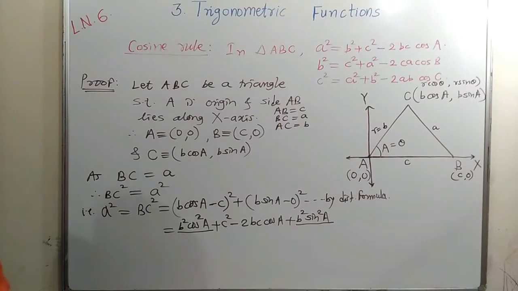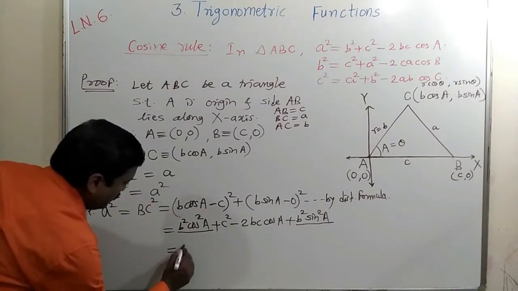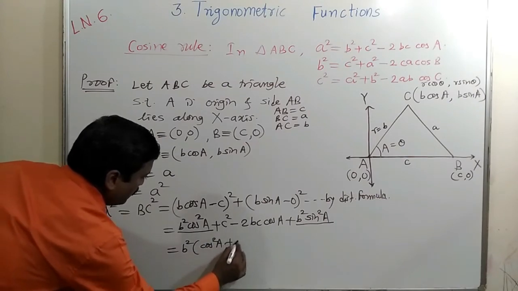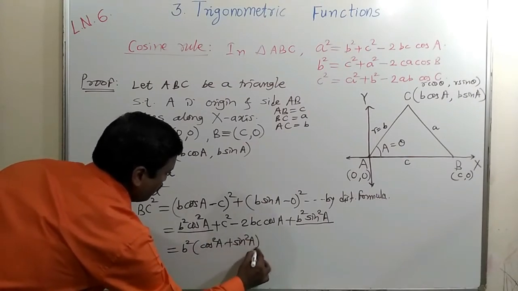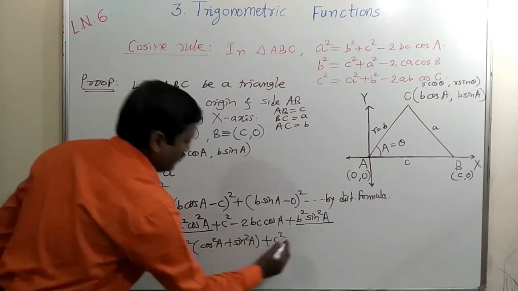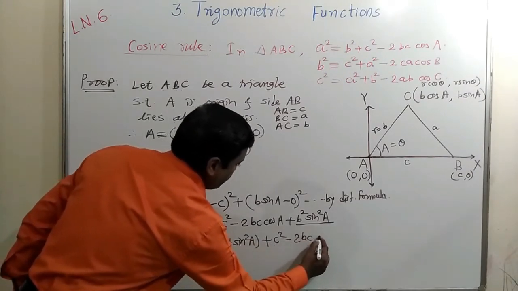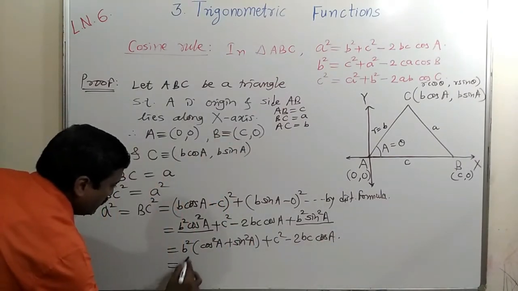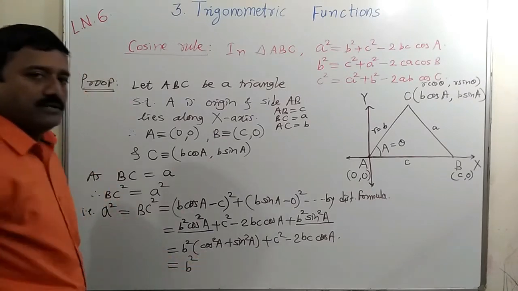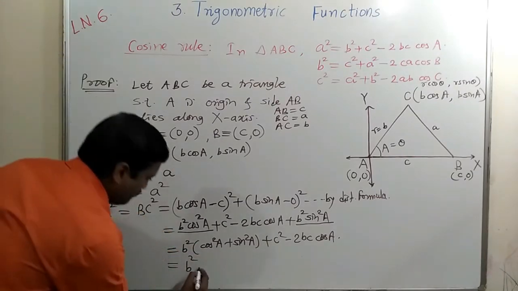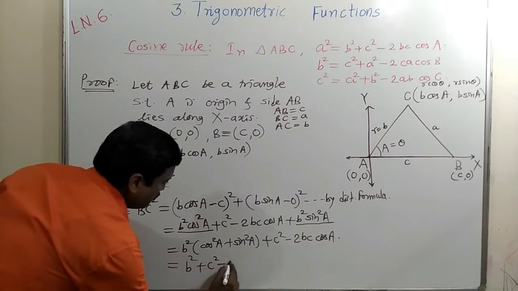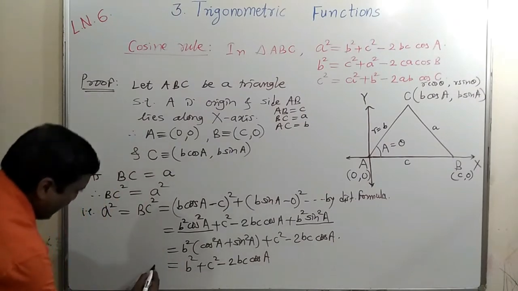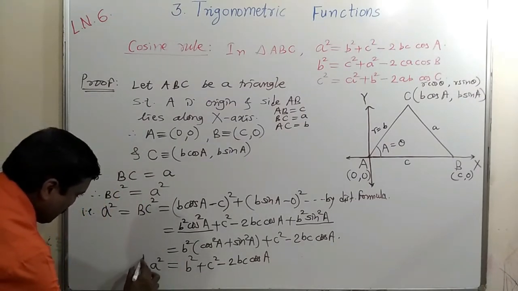In the bracket remains cos square A plus sin square A, plus c square minus twice bc into cos A. Since sin square plus cos square equals 1, we get b square plus c square minus twice bc into cosine of angle A, and this is the value of a square.